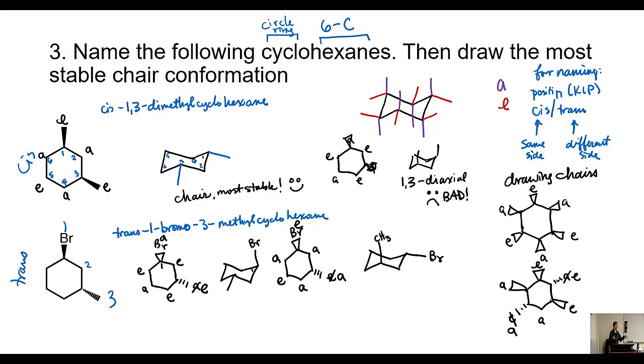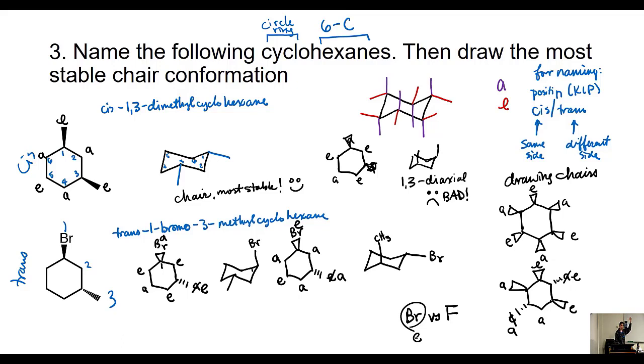Right, so if I compare bromine versus fluorine, which one do I want in the equatorial? Bromine, right? This is the one we want in E, because bromine is bigger. But just because bromine has a higher priority on the Cahn-Ingold-Prelog rules doesn't mean it's going to end up on the equatorial.